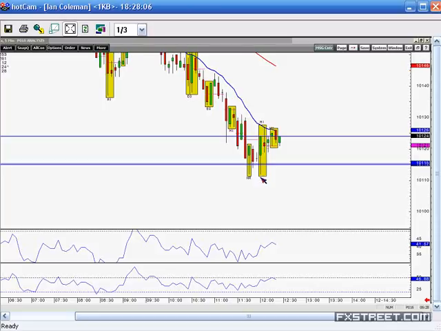I also don't necessarily just put my stop underneath a low. If the trigger candle's not too big, I'll take the length of the trigger candle and I'll take the low of the trigger candle and I'll use that as my stop. I have got my stop in at 100.80, I think it is. No, I haven't. Hold on one second.